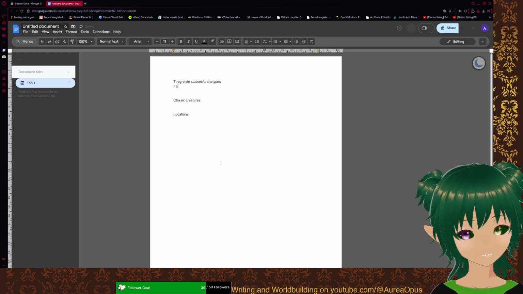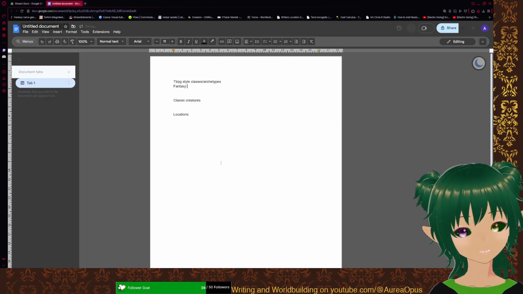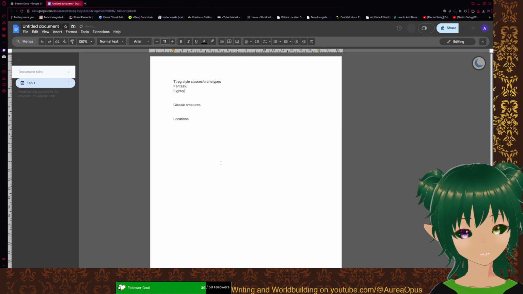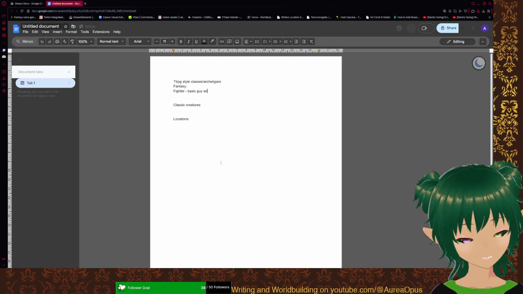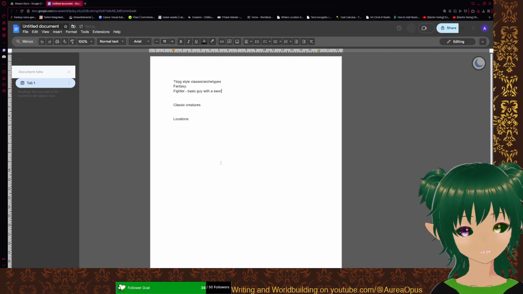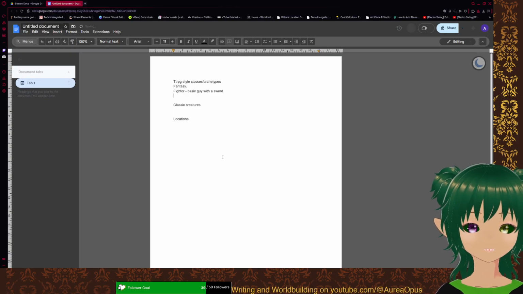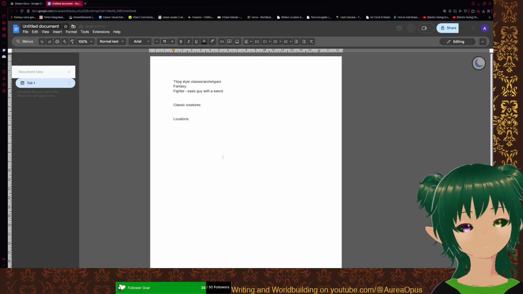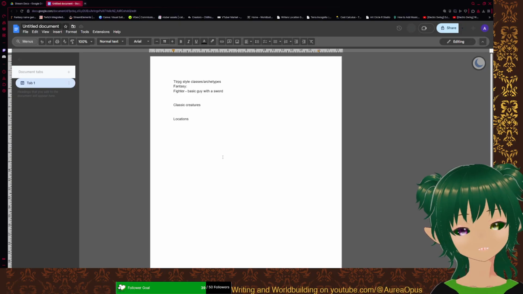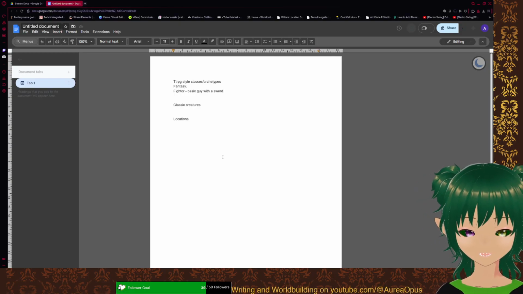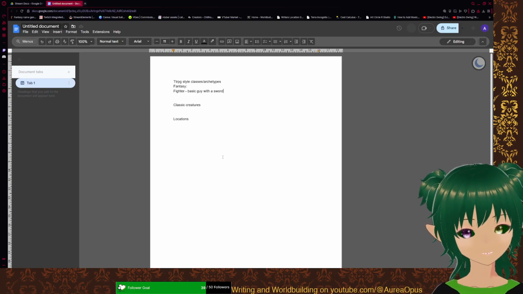In fantasy, you have, for example, your fighter, basic guy with a sword, does fightery stuff. And a fighter is relevant and applicable in pretty much any sort of fantasy setting, right?